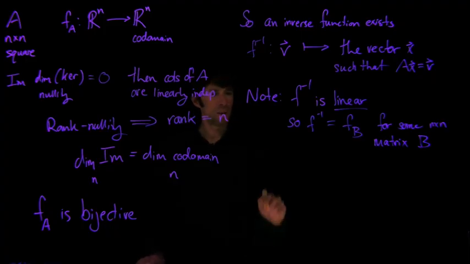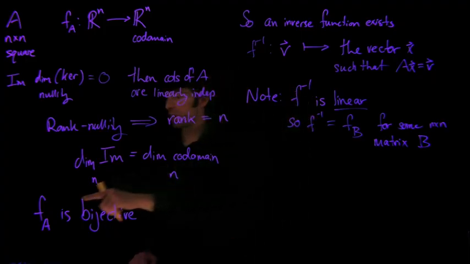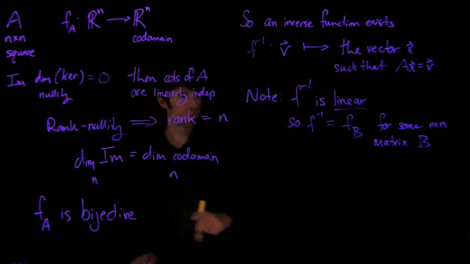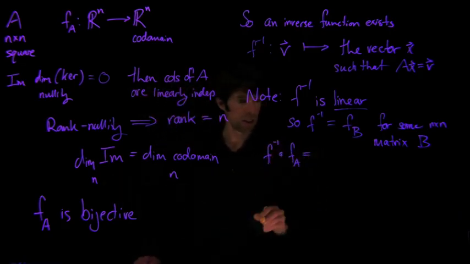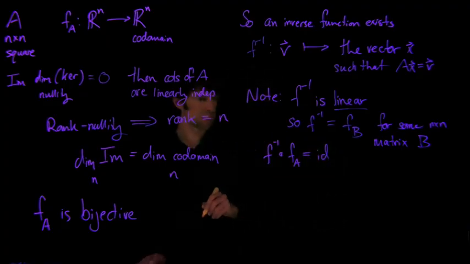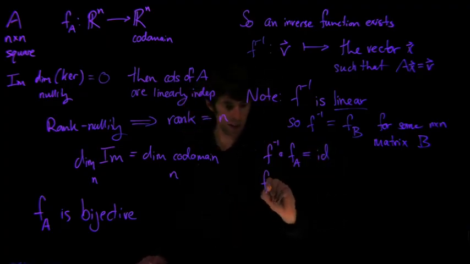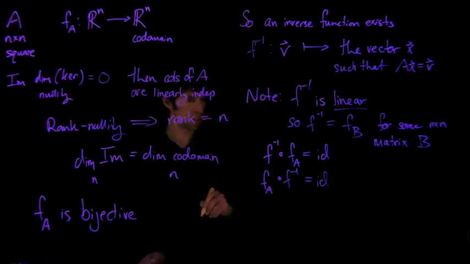OK, now since this is the inverse function to my original f sub A, f inverse composed with f sub A equals the identity, I'll write it as id, and similarly f sub A composed with f inverse is the identity.